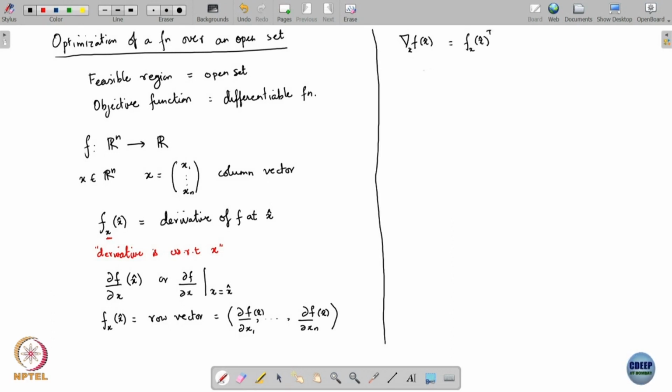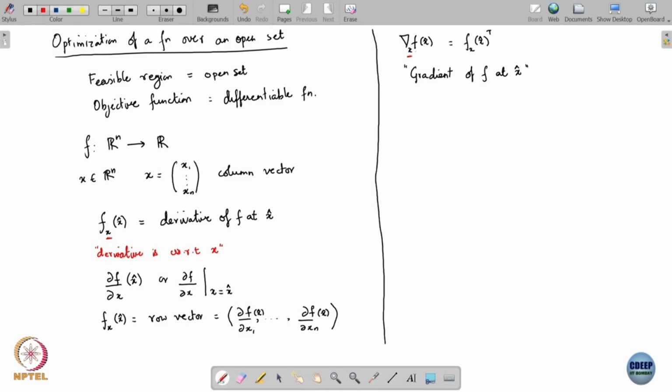This thing is called the gradient of f at x hat. Once again, the small x here simply denotes that the gradient is with respect to the variable x.